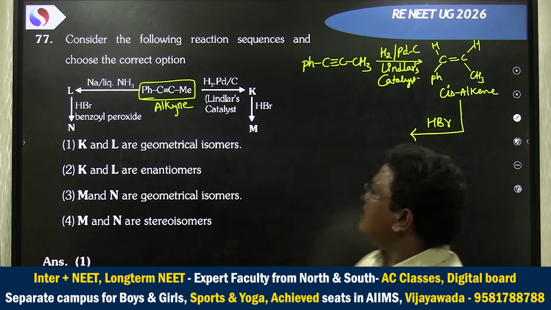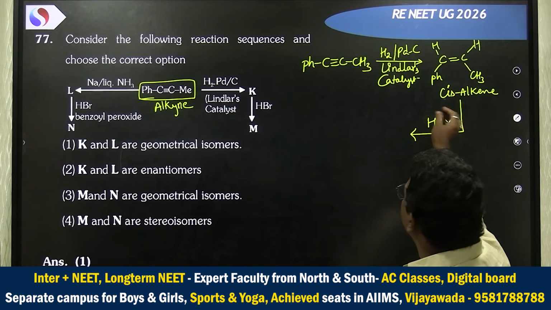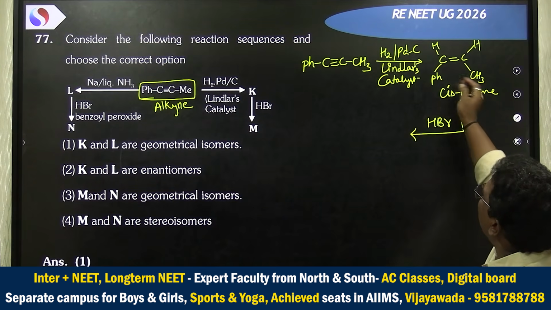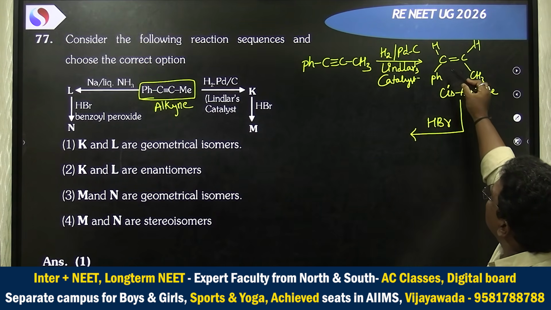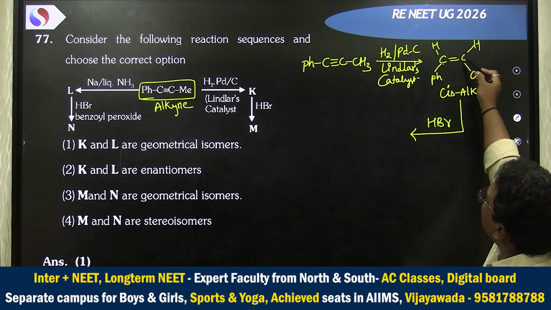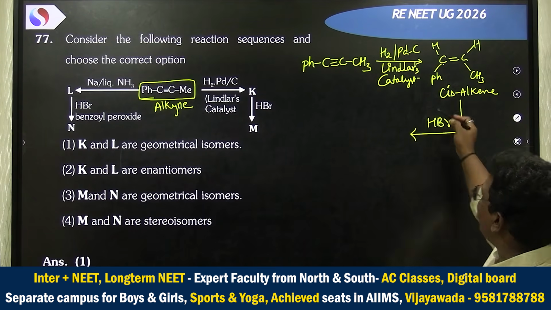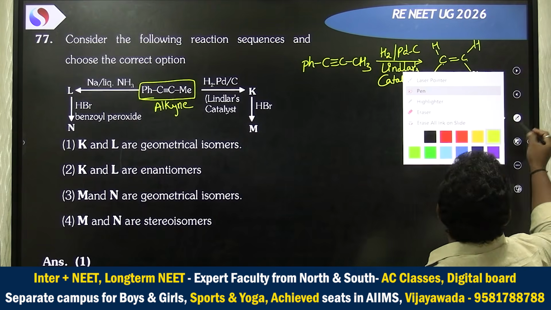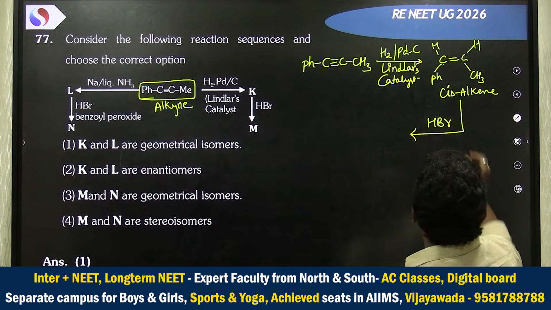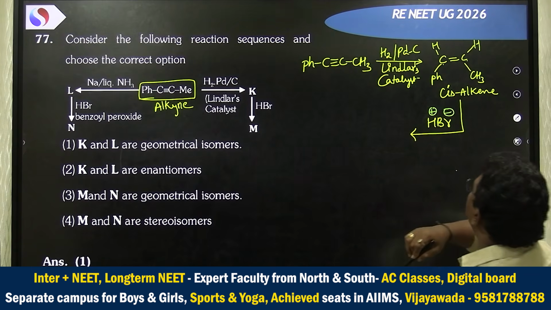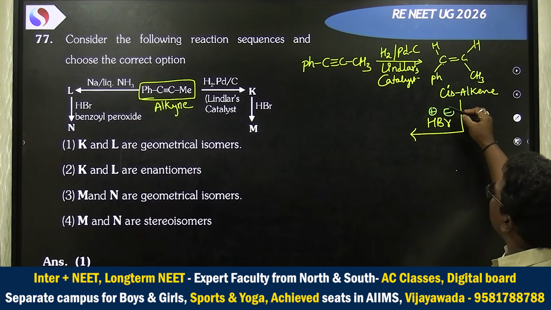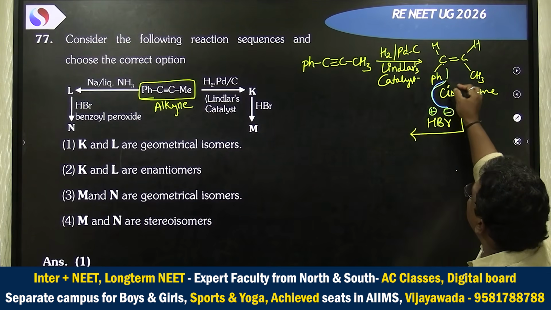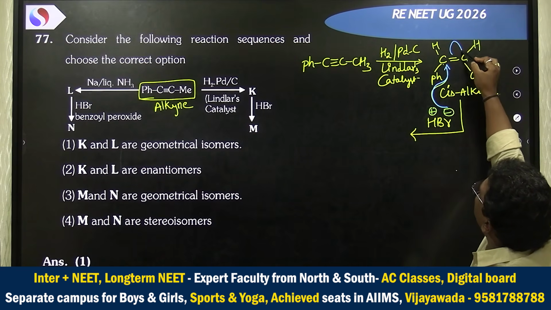So what is the main confusion point here? Here is one confusion point. If we take this as the cis alkene, the cis product, should the hydrogen and bromine be added at this carbon or at this carbon? It will be ionized as H plus and Br minus. Because of that reason, observe carefully, Markovnikov addition takes place. This Br minus ion attacks at this position, and this bond moves toward this side.